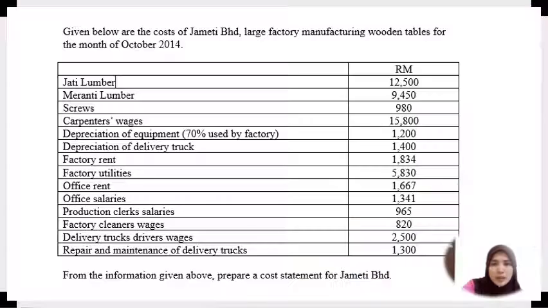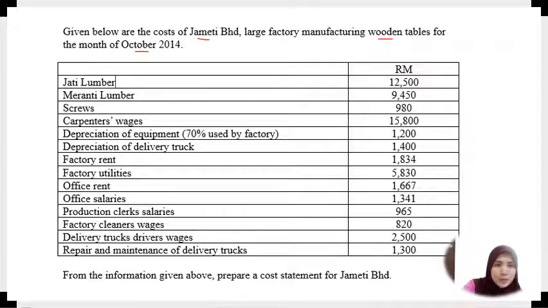Okay, so this one is the exercise for the cost statement. Geometry, a large factory, manufactures wooden tables, and the year ended is October 2015. From this list of costs, the first thing is to classify the type of cost into which element of cost.